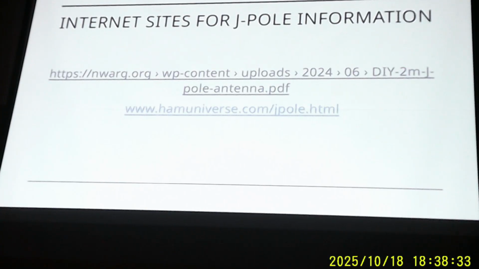Okay. You've built your first J-pole antenna. You're having fun. Then somebody, probably by the name of Sean, you hear on a repeater, we're going to have a fox hunt. It's going to be, I don't know, some Saturday. Well, what's a fox hunt?